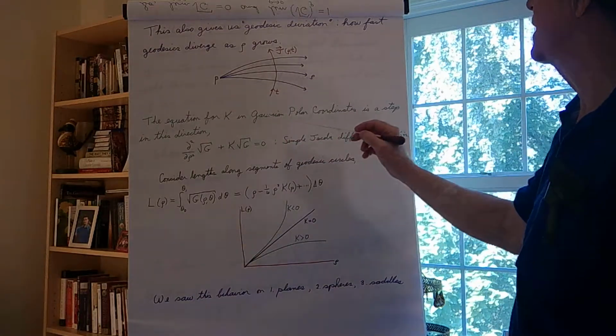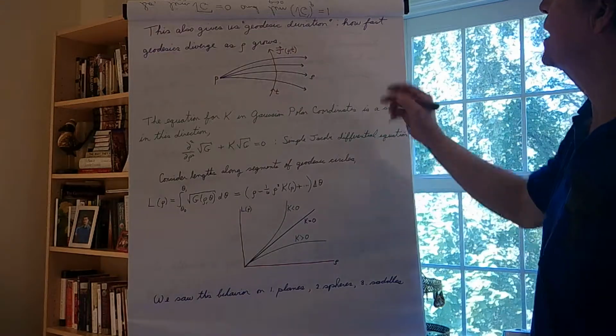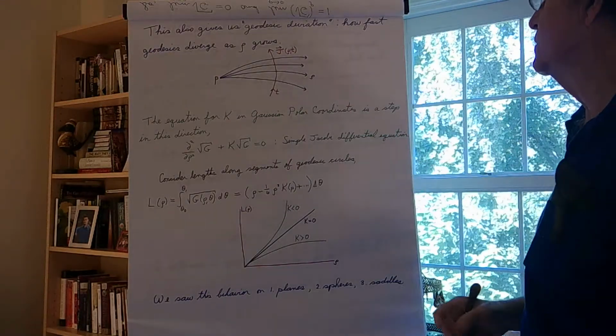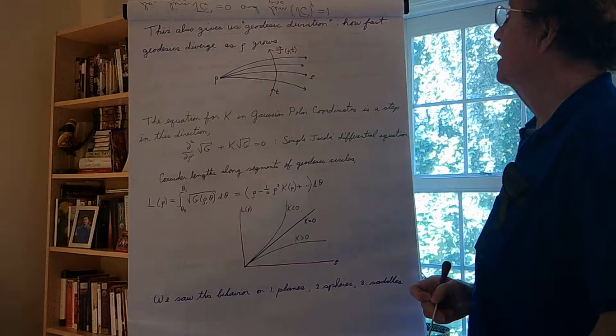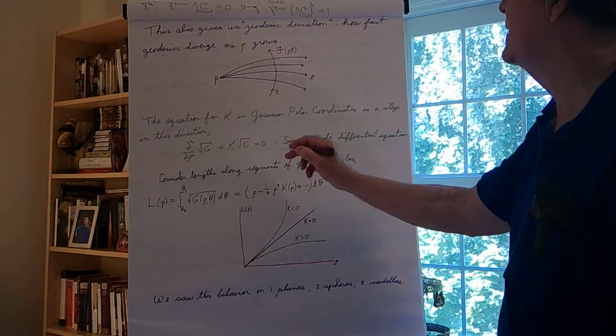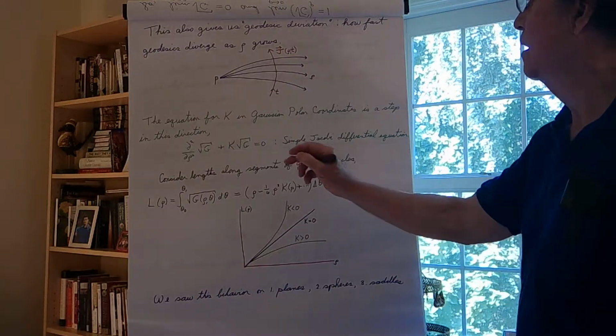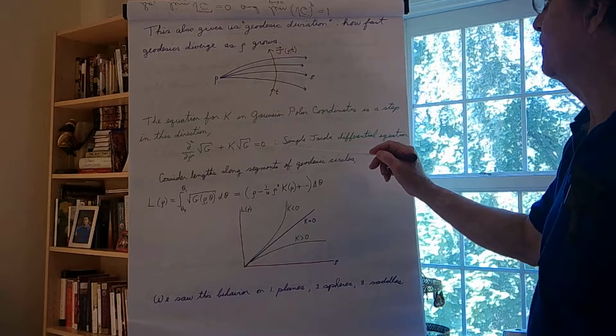The equation for K in Gaussian polar coordinates is a step in the general direction of getting an equation for a Gaussian deviation. Okay, because I'll just write down the theorem, the excellent theorem, for this particular application.